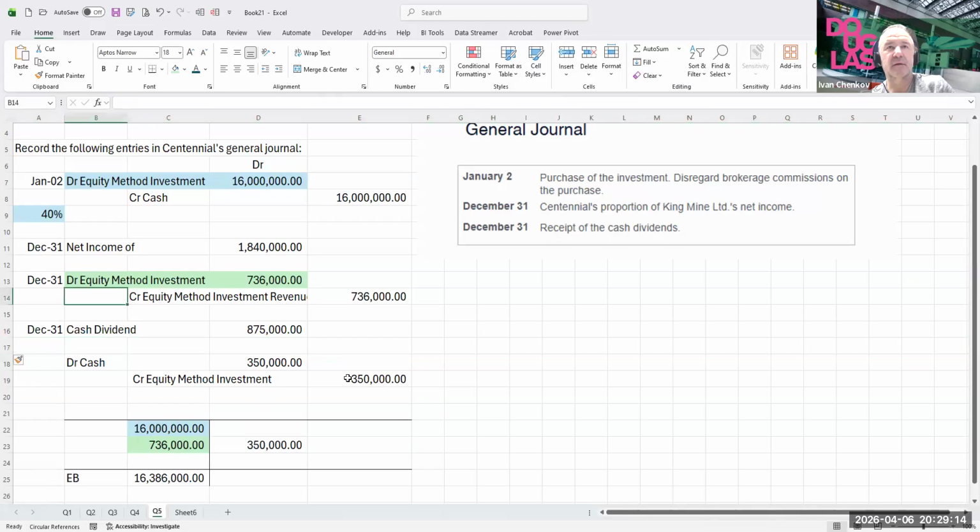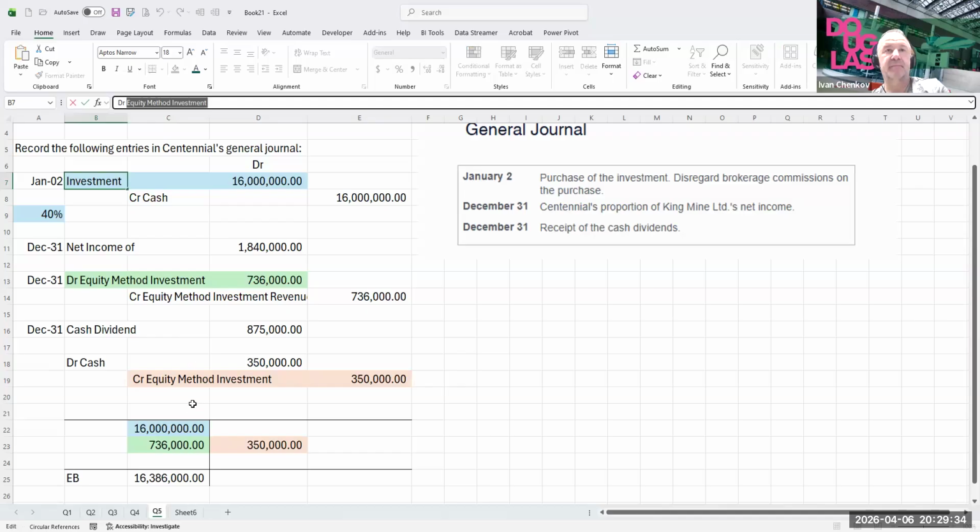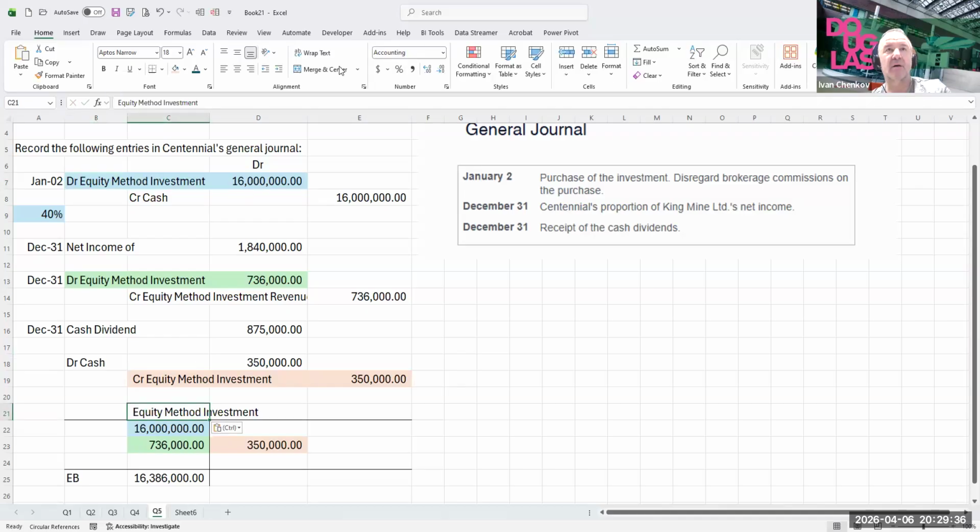Let's insert one line here. Credit comes from here, which is right. And that's how we get the ending balance for our account, which is the equity method investment account. Let's label the account, make it professional, and put those two together. That's your debit, and that's your credit on this side.